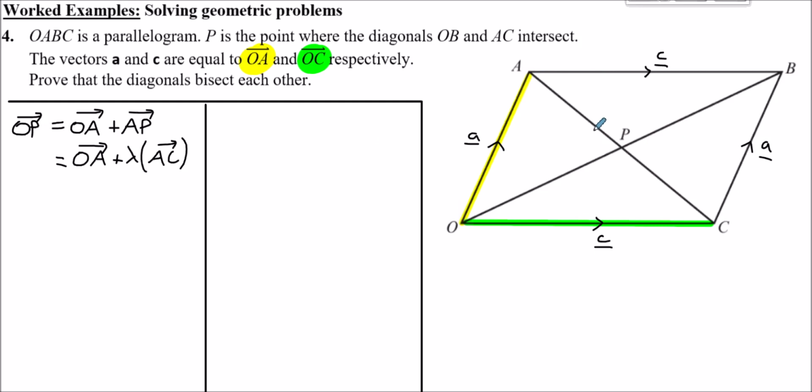So it now begs a question of what AC is. Let's just put this in a little bubble somewhere.